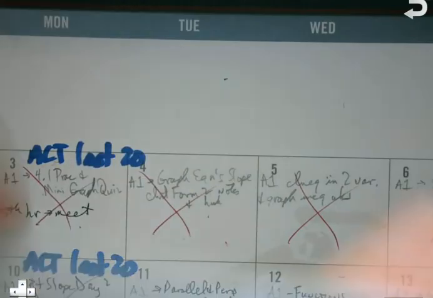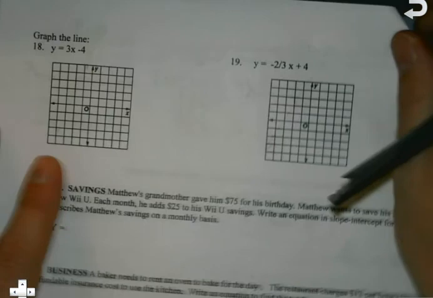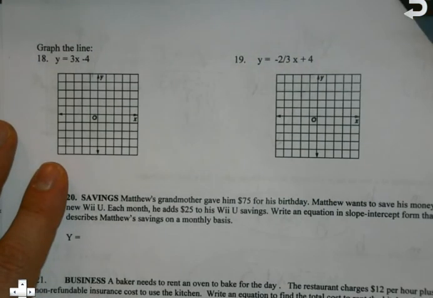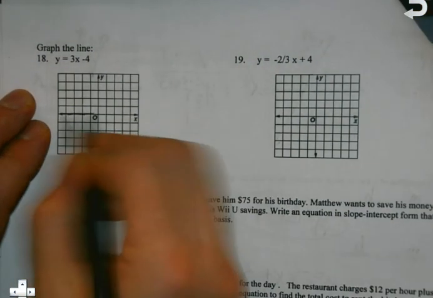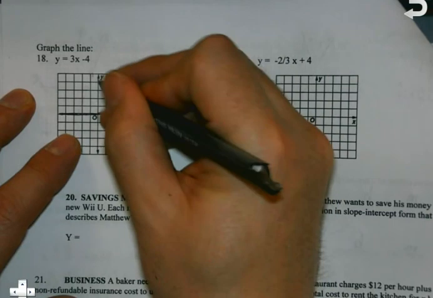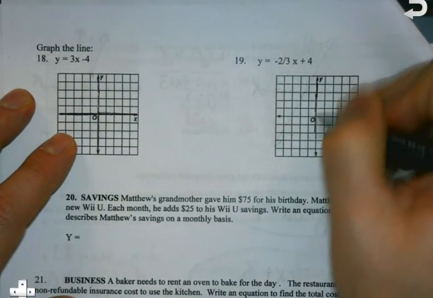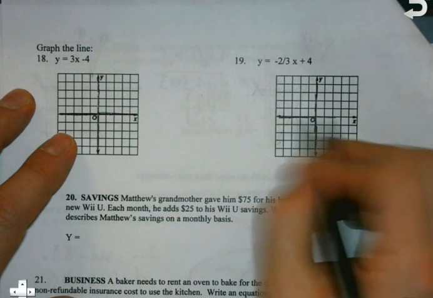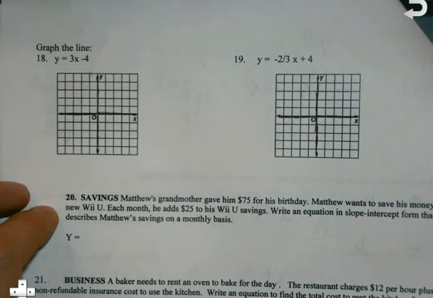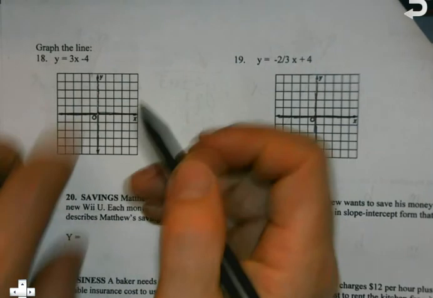So let's see if this gets any crazier. Graph the line. Okay. No, this is it. All right, so as we flip through, same idea.